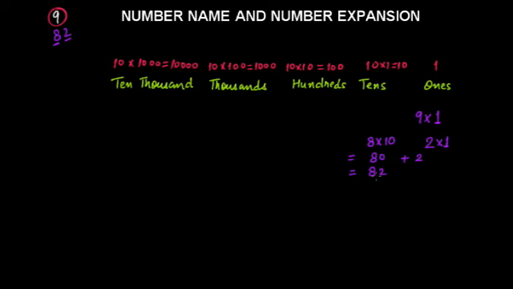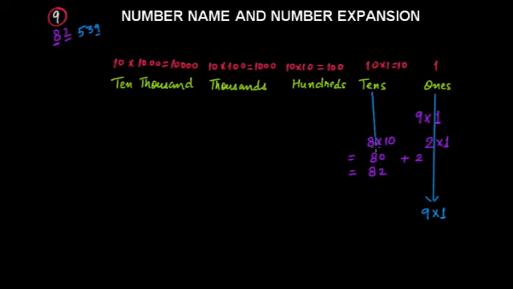Okay, let me take one more example. This is 539, so 5, 3 and 9. This number is made up of 3 digits, which means it will have 3 places. 9 is at the units place, so write it just below, at the ones place. 9 multiplied by the value of the place.